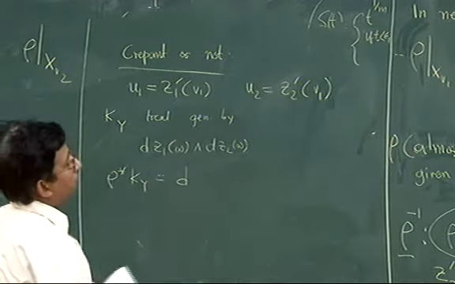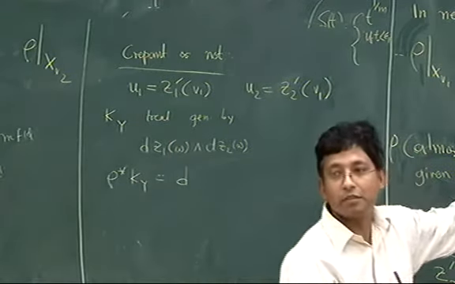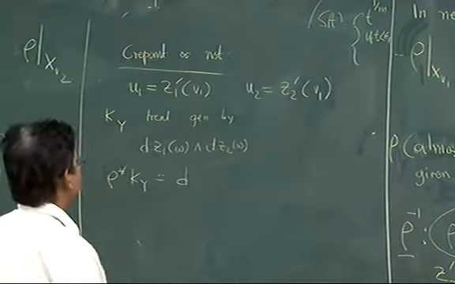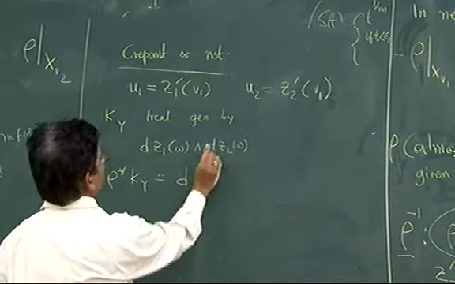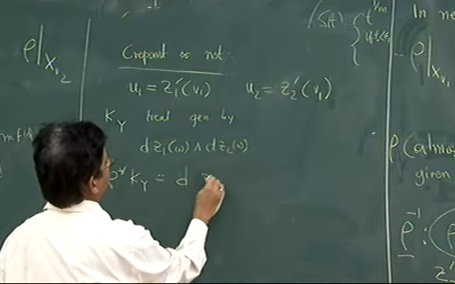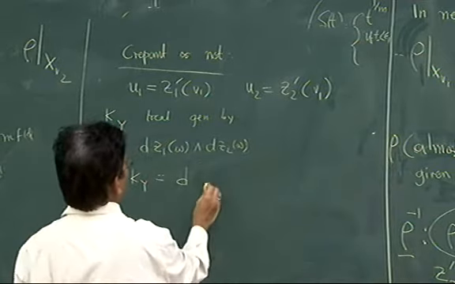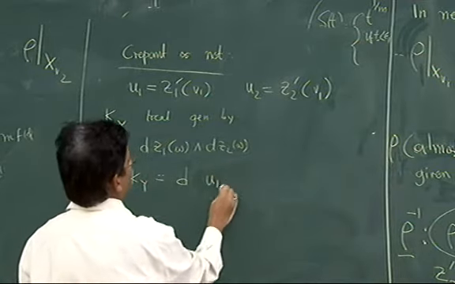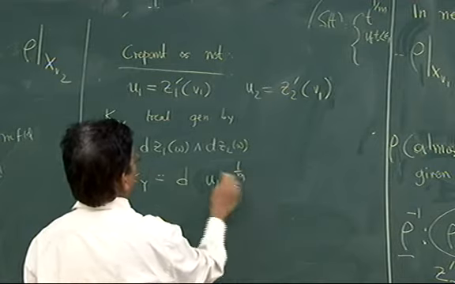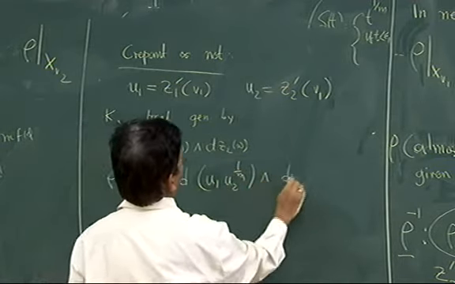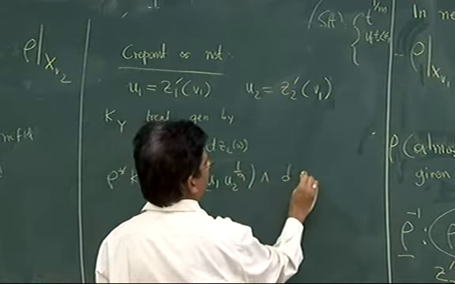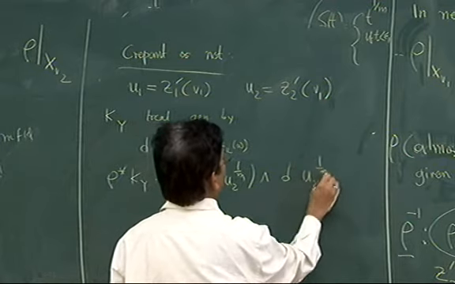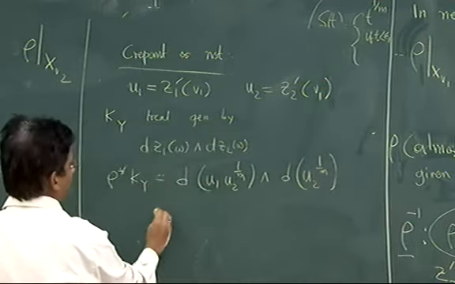Now you plug in those formulas, right? So this is U1 times U2 to the 1 over m wedge d of U2 to the 1 over m, and you calculate.